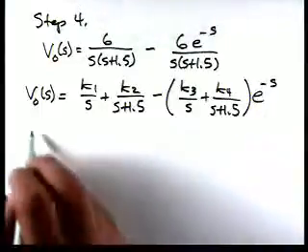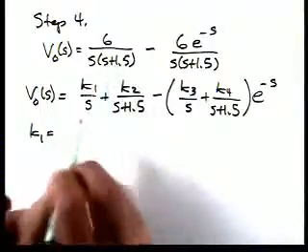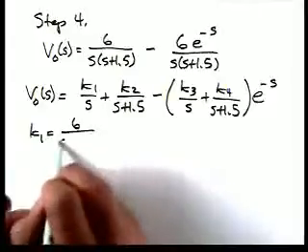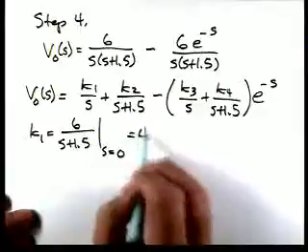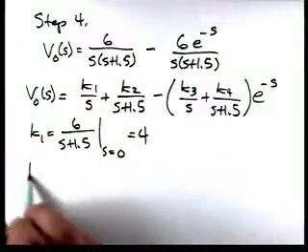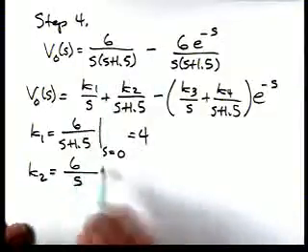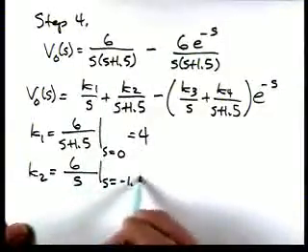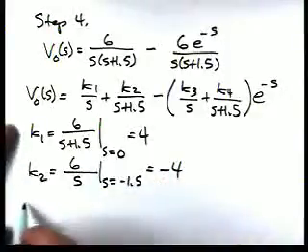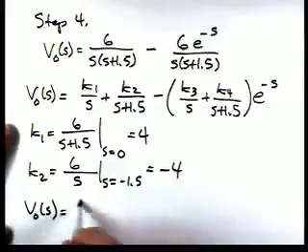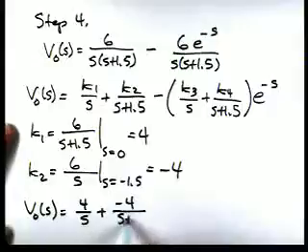And if we evaluate K1, for instance, we'd multiply through by S and then let S go to 0, so we'd have 6 over S plus 1.5, evaluate S equals 0, which is 4. And K2 is we multiply through by S plus 1.5 and then let S equal minus 1.5, so it's minus 4. Now, our partial fraction expansion then is 4 over S plus minus 4 over S plus 1.5.